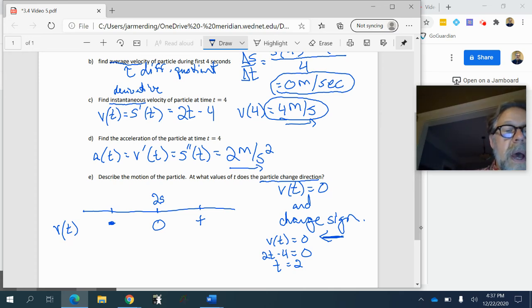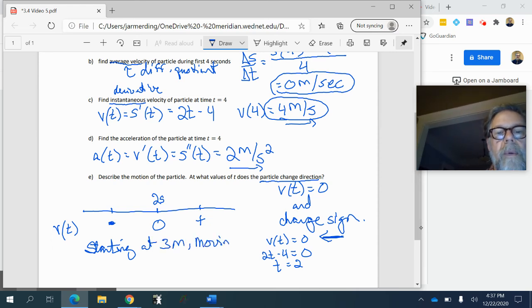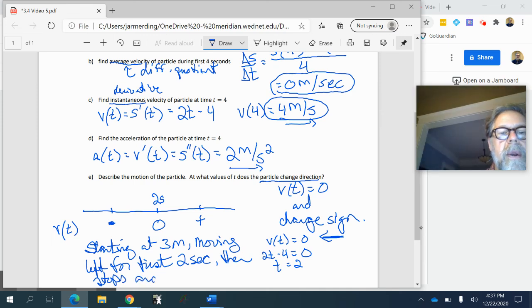So what's the motion of the particle? Starting at 3 meters, moving left for the first 2 seconds, then stops and moves right.